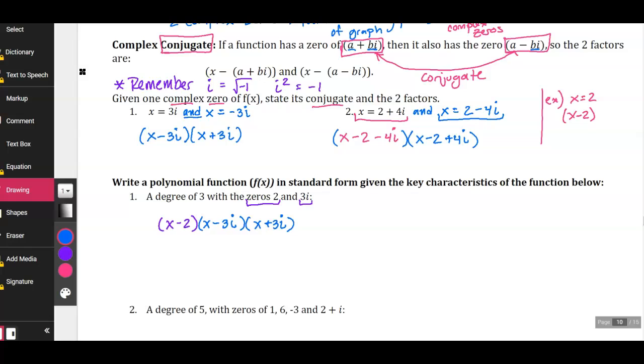So now we have to multiply everything here to get back to the original polynomial in standard form. Does anyone know which two factors I would multiply together first to make my life easier? Yes, you would multiply the complex factors first. Why? What do you notice those complex factors are?